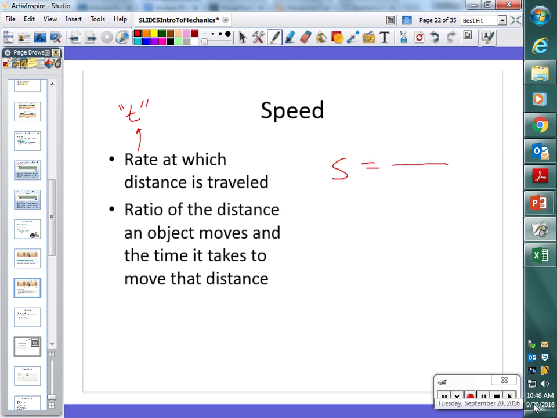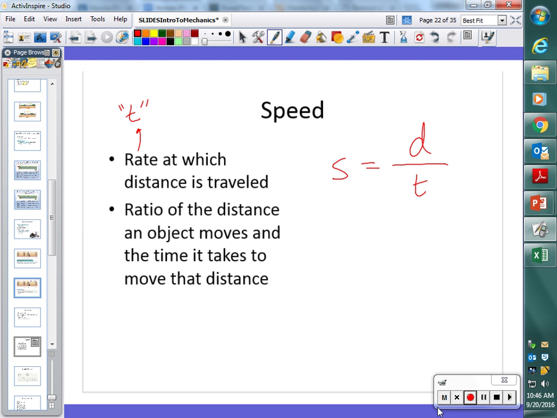What's going to be in our fraction? Distance and time. Patrick, where does time always go when we're talking about a rate? On the bottom. So time's going to go here, and in this case, we're relating it to distance. We're comparing it to the distance. So speed is distance over time.